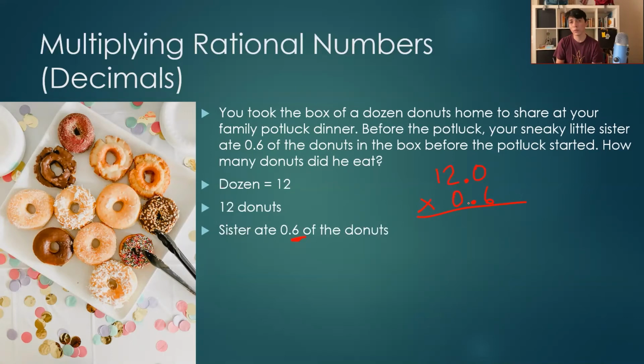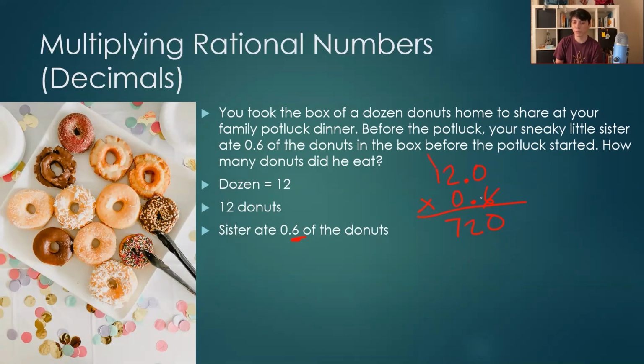Okay, now, because we properly wrote this down, we can start multiplying the decimals together. So 6 times 0 is 0, 6 times 2 is 12, 6 times 1 is 6, and 6 plus 1 is 7.